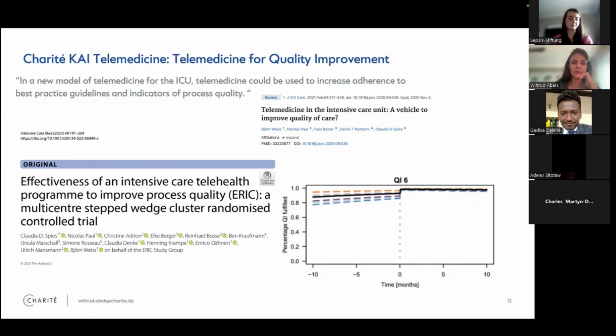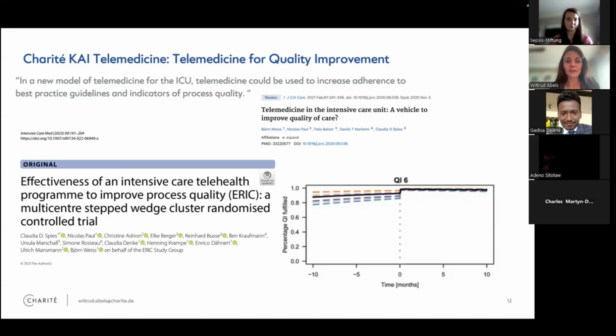The study itself is not in detail of interest for our context here, but what's interesting is that we were able to suggest out of the data that we found, namely that we were able to improve the adherence to certain quality indicators in critical care, that telemedicine could be used to increase adherence to best practice guidelines and indicators of process quality, and therefore can be a tool for quality improvement.